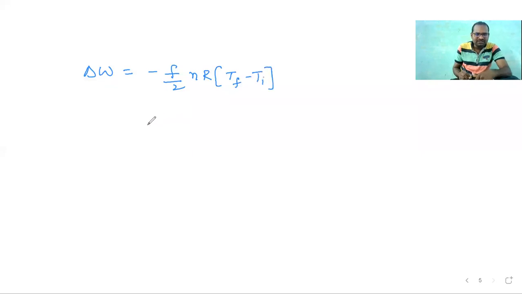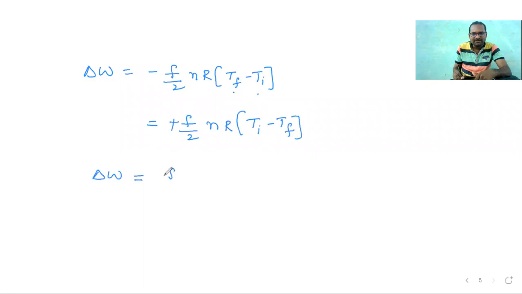Sending the minus inside, it will become F by 2 nR times T initial minus T final. This sign will change.